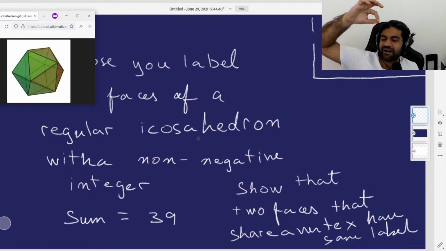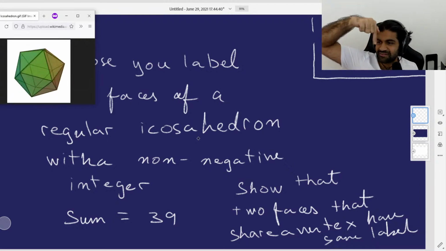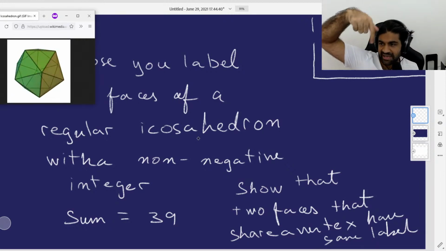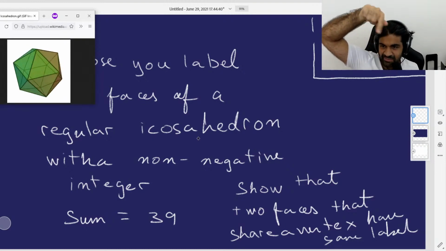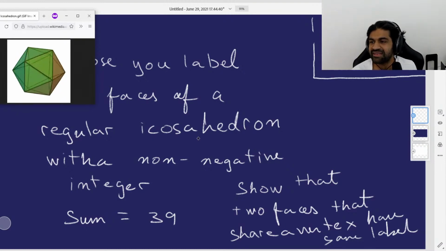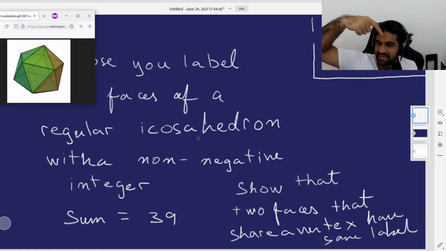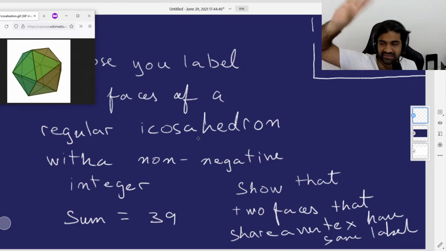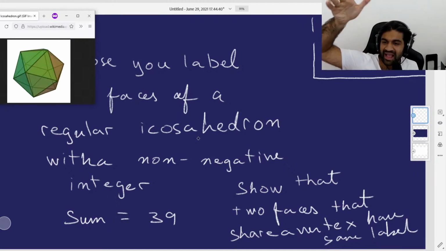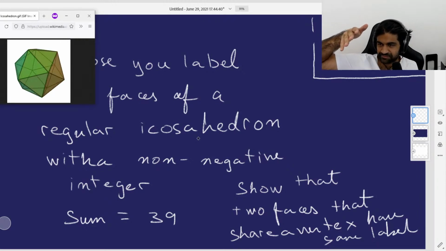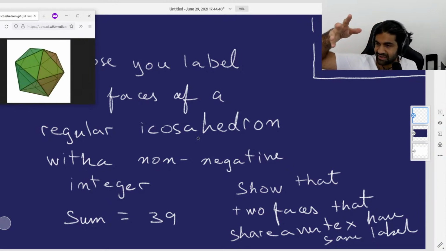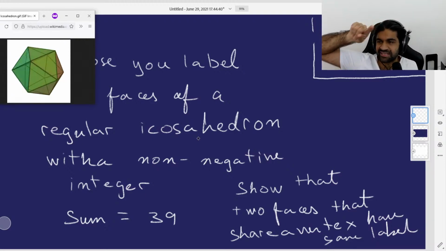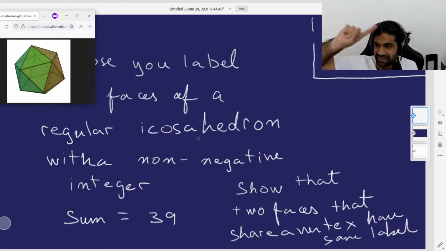Look at the 5 faces that neighbor a single vertex. So think about the 5 faces that neighbor a single vertex. What's the smallest possible sum of the labelings of those faces, assuming it's all distinct? If what I'm saying is wrong, it should be possible to label this thing so that if you look at any vertex and all the faces neighboring that vertex, they all have different labels, right?